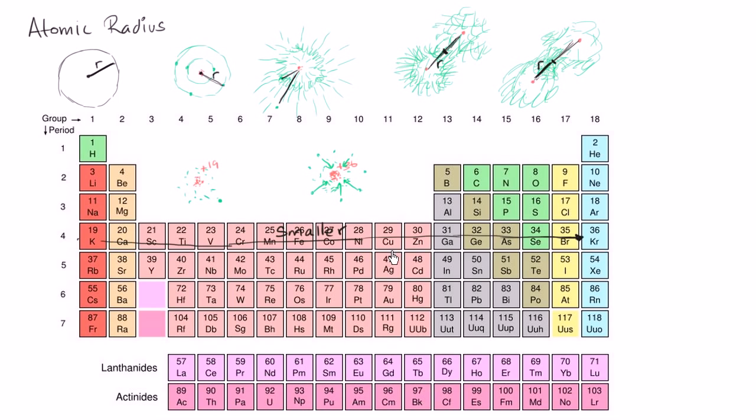And that's the reason why the element with the smallest atom is not hydrogen, it's helium. Helium is actually smaller than hydrogen, depending on what technique you use to measure it. That's because if we take the simplest case, hydrogen, you have one proton in the nucleus, and then you have one electron in that 1s shell.